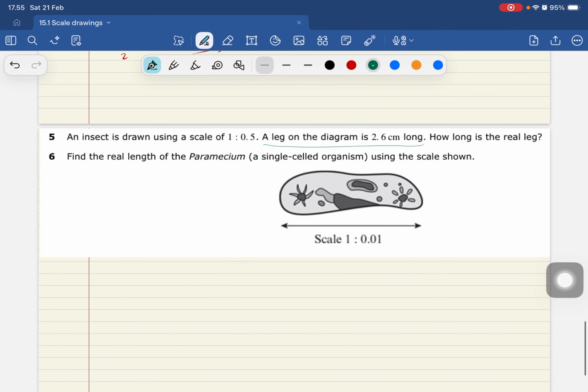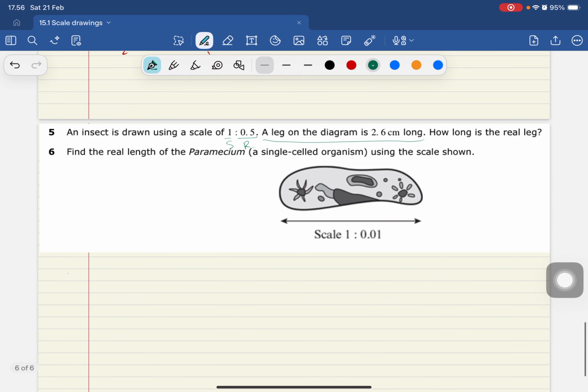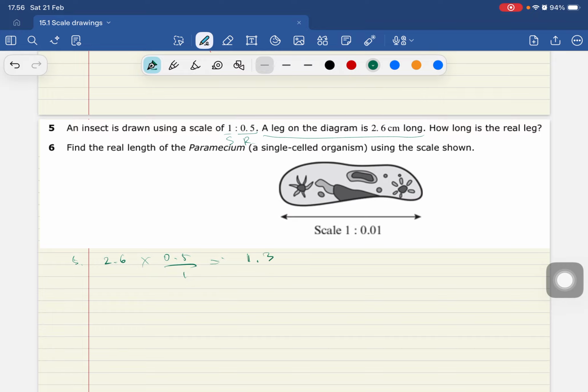How long is the real one? So this is the scale and real. 2.6 we multiply by 0.5 divided by 1, so we get 1.3 centimeter, or we can change it into millimeter as 13 millimeter.